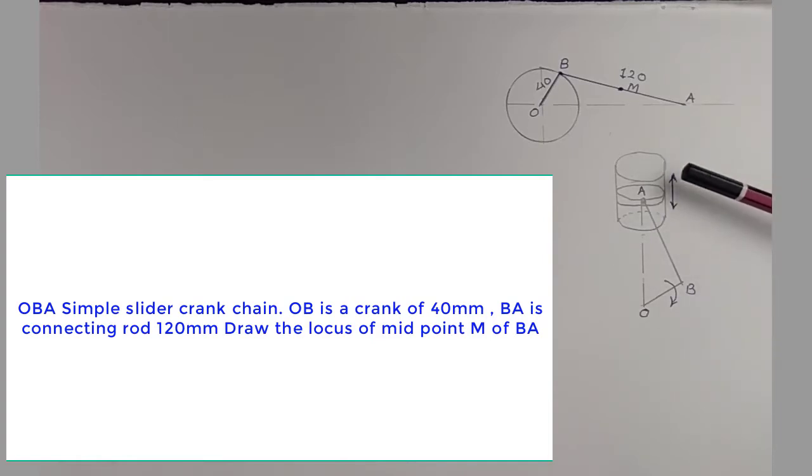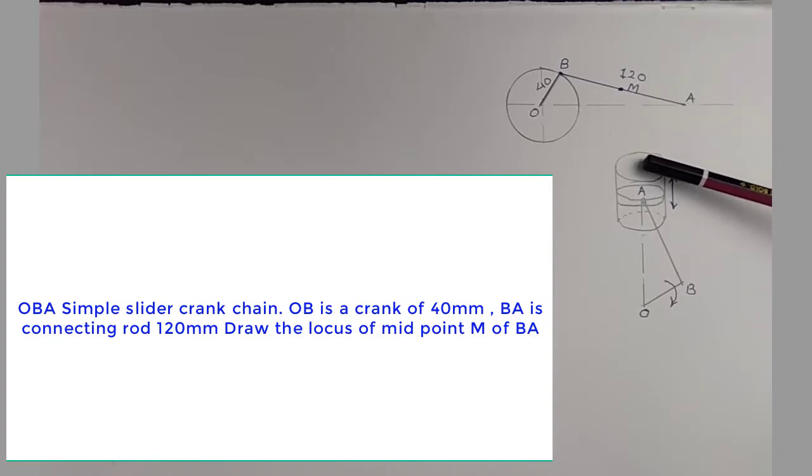Here we have the cylinder. In the cylinder there is a piston, crank OB and connecting rod AB, as given. In an IC engine the combustion occurs here and pressure is generated.